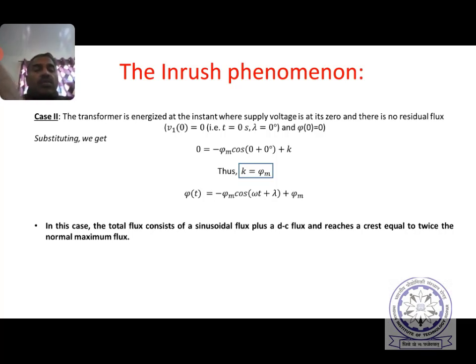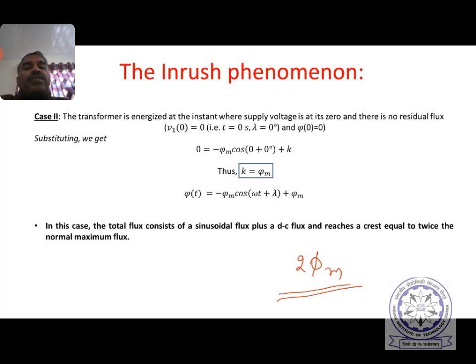In this case, the total flux consists of sinusoidal flux plus a DC flux and reaches a crest equal to twice the normal flux. That is what we have just seen: 2 phi m plus phi r. Now in this case phi r is not there, therefore it will be just 2 phi m.